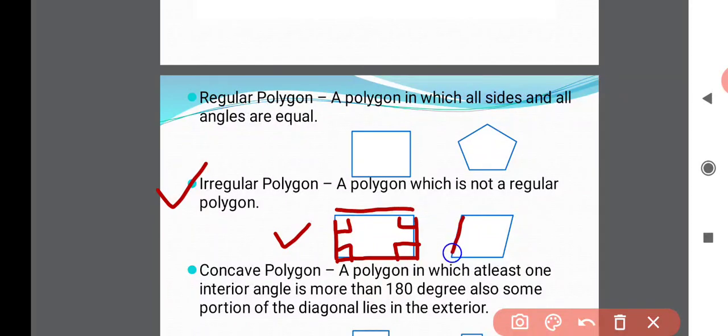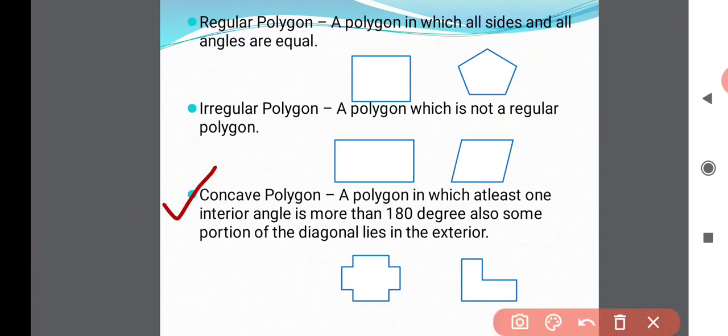I know in a rhombus all sides are equal. But what about angles? Angles are not equal. So again, it is not regular. For being regular, all the angles and all the sides should be equal. If the figure is equiangular but sides are not equal, then it is not regular, it's irregular. If sides are equal but angles are not equal, again it is not regular, it is irregular.